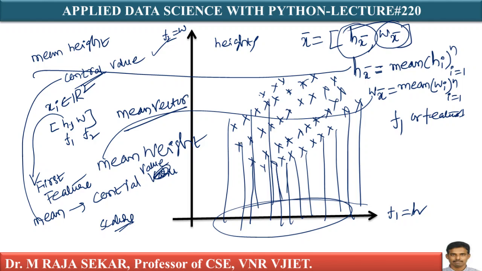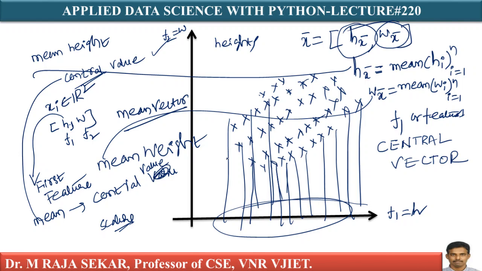Therefore, geometrically speaking, the mean vector is a sort of central vector. That you must understand. This point is important. Let me write here: the mean vector is a central vector, or central data point.